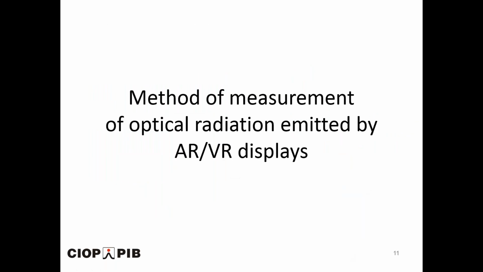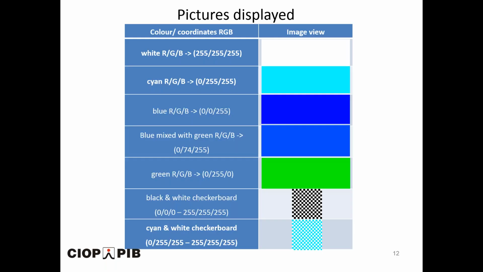So how we measured, what we have done, what we were measuring, and how we gathered the information about the optical radiation emitted by the AR and VR displays. In each and every VR and AR solution, we displayed those 7 pictures.